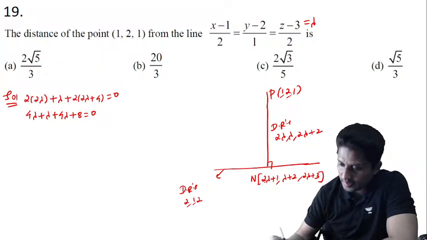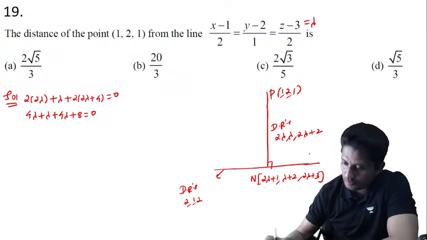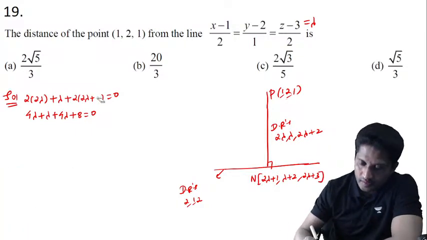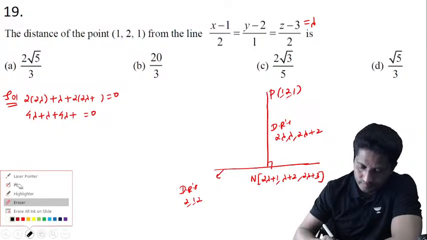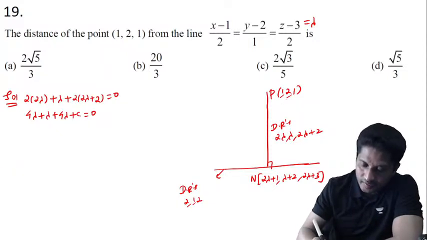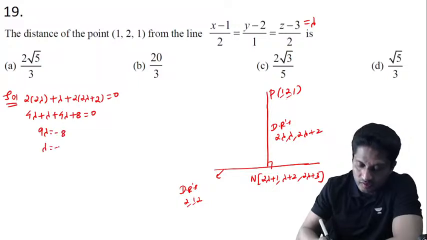If I multiply 2 lambda and then lambda, 2 lambda plus 2. Right, so this is 2 lambda plus 2. Now if I multiply, this is 8, you will get 9 lambda is equal to minus 8, lambda is equal to minus 8 by 9.